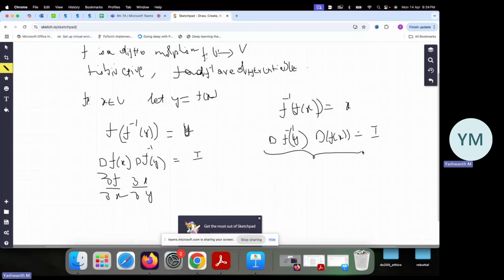So with this, what we have is D of F inverse of y is D F of x, whole inverse, assuming this is invertible.